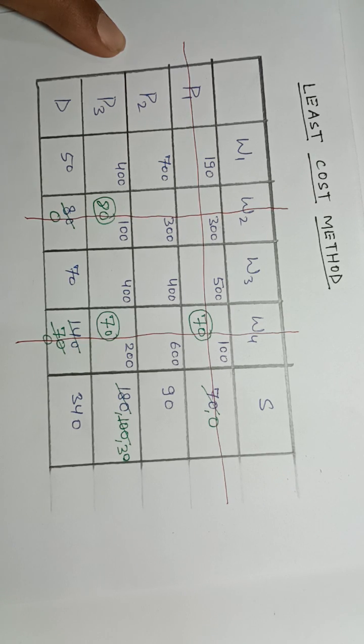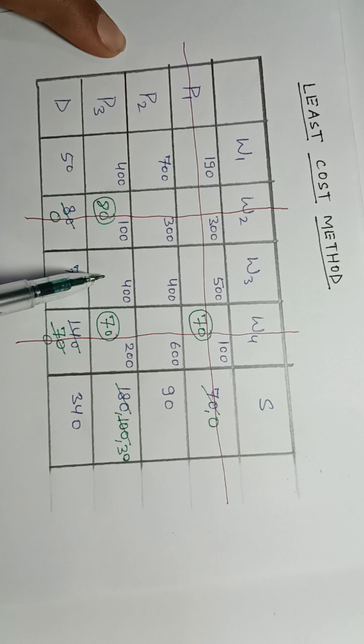So there is a tie among the least costs. Now we will see where we can allocate the maximum units. Here we can allocate a maximum of 30 units because 30 is remaining and the demand is 50. Here also we can accommodate 30 units because the demand is 70 and the supply is only 30.